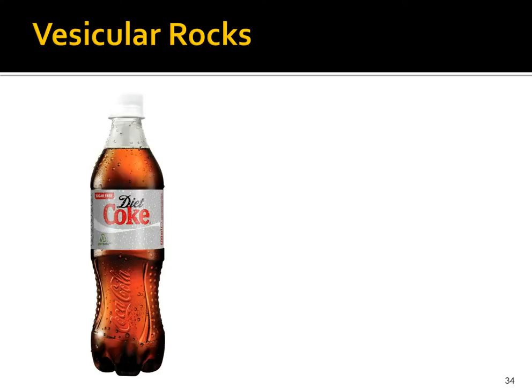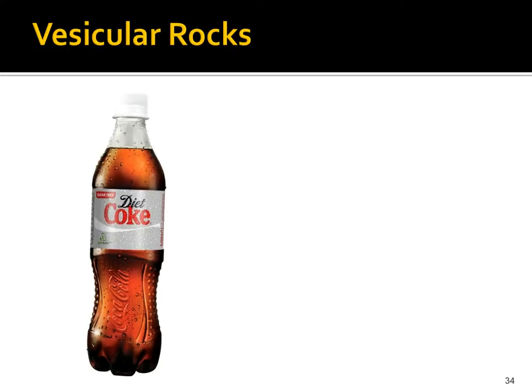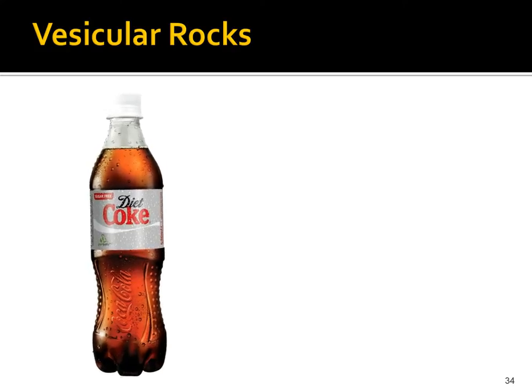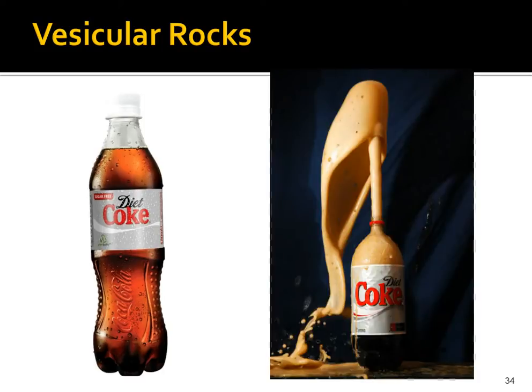All right, let's think about what's in a Diet Coke. What makes sodas so nice to drink? It's that gas that's dissolved in it, right? But what happens if I shake up that Coke a little bit? Then we take the cap off and the pressure gets released and all that gas wants to escape.